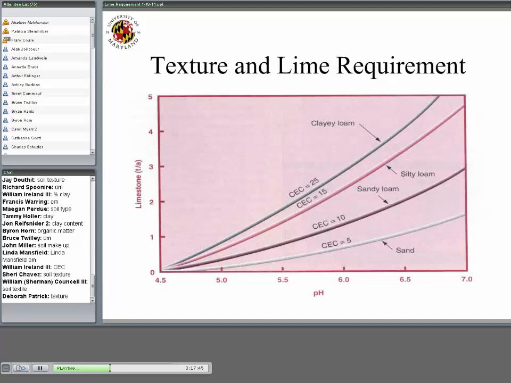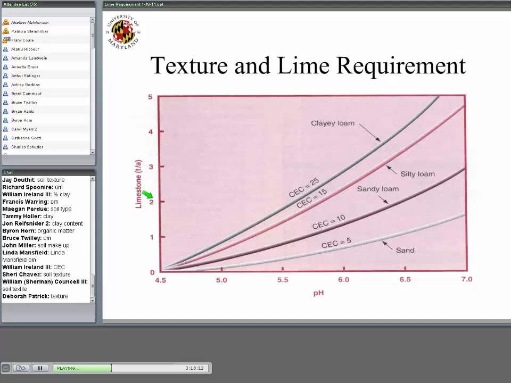For example, you could go up 6.5 directly towards the top of the graph to where it intersects the sand line. Take that over to the left axis, and you can see that to raise that particular sandy soil from a 4.5 to a 6.5, the sand takes about a ton of lime per acre.